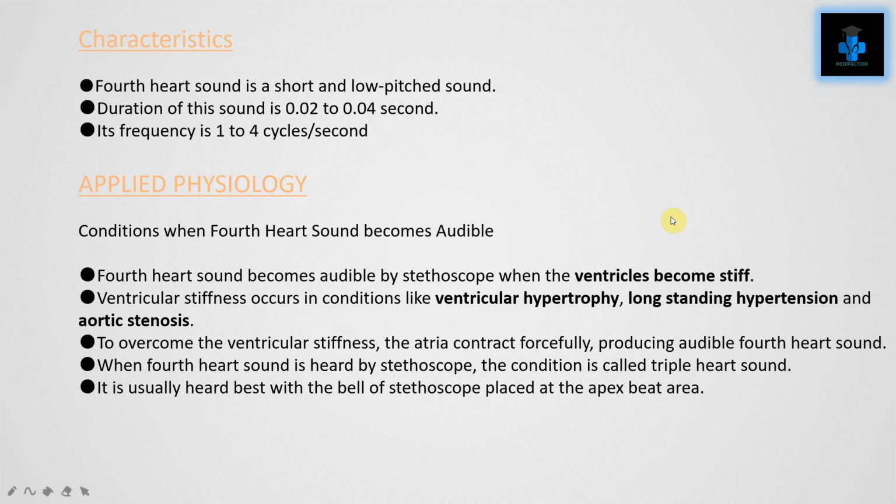To overcome the ventricular stiffness, the atria contract forcefully, producing audible fourth heart sound. When fourth heart sound is heard by stethoscope, the condition is called triple heart sound. It is usually heard best when the bell of stethoscope is placed at the apex beat area.